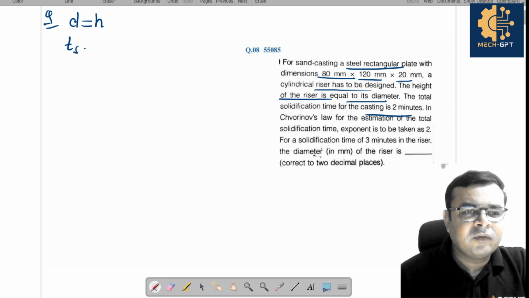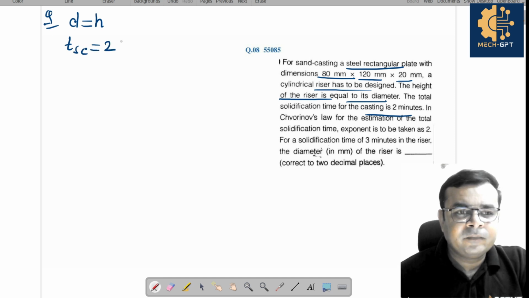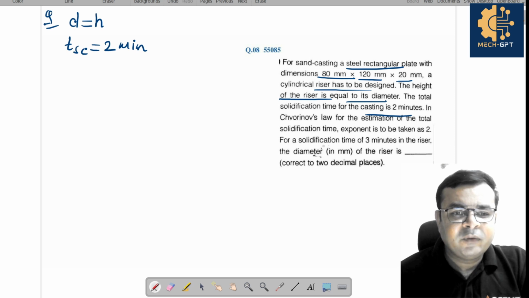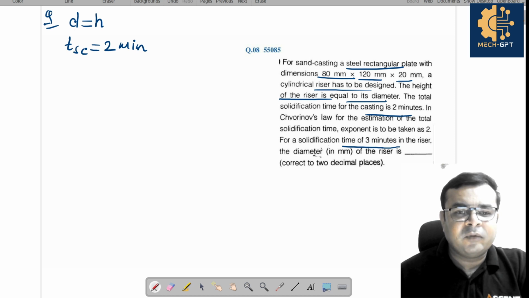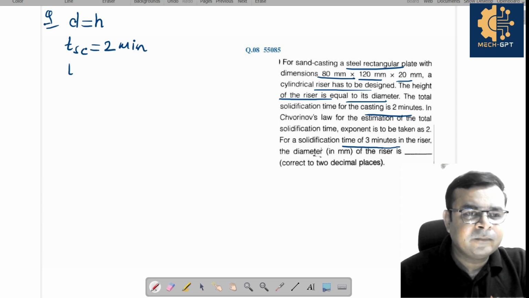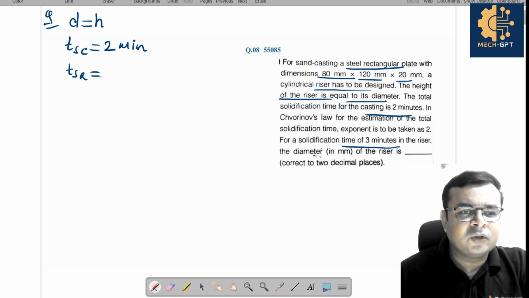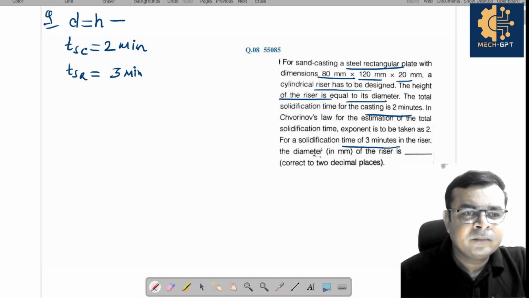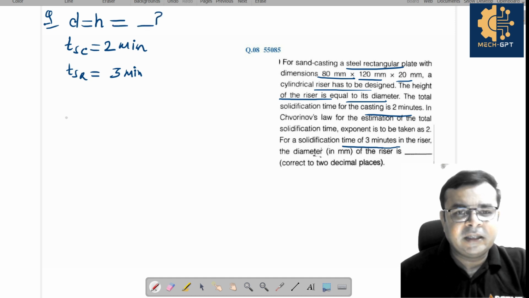Correct? For a solidification time of 3 minutes in the riser, the diameter is? So yes, the solidification time of the riser is also given, which is equal to 3 minutes. So we need to calculate the diameter of the riser.